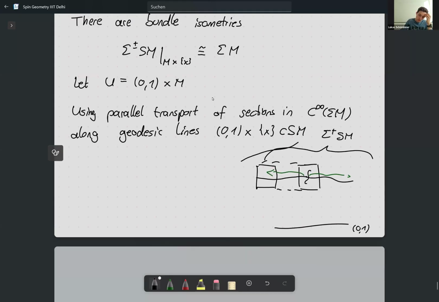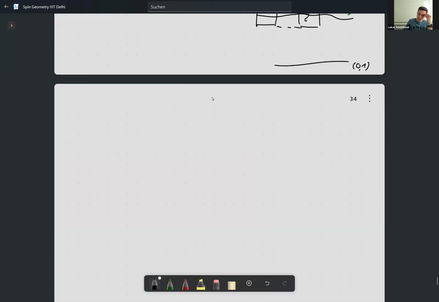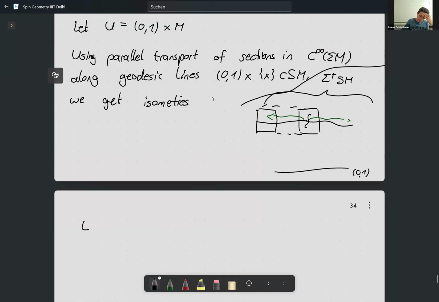And okay. So this parallel transport, from this we get isometries from the Hilbert space of sections of sigma plus minus Sm with the volume element of Sg, say phi plus minus, to L squared.